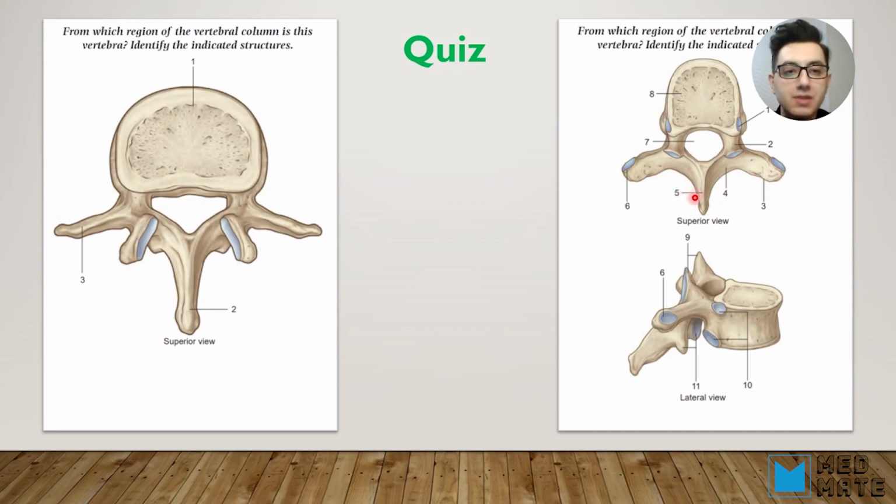Number 5 is the spinous process. 7 is the vertebral foramen. 8 is the vertebral body. 6 is the costal facet, then the superior articular facet and inferior articular facets. Then we have the costal facet, and the superior and inferior costal facets.